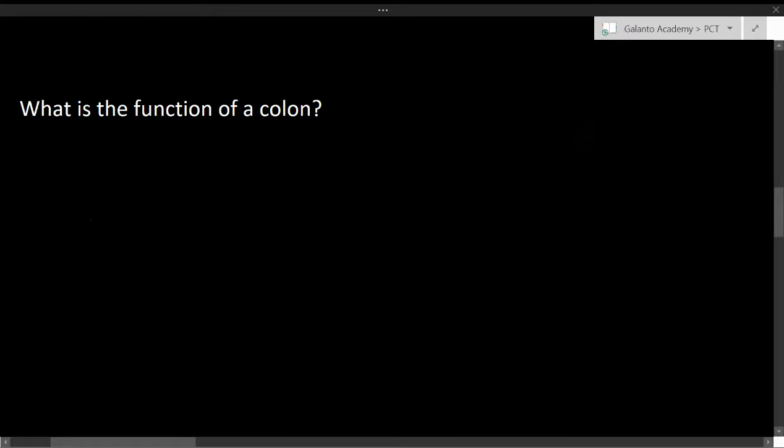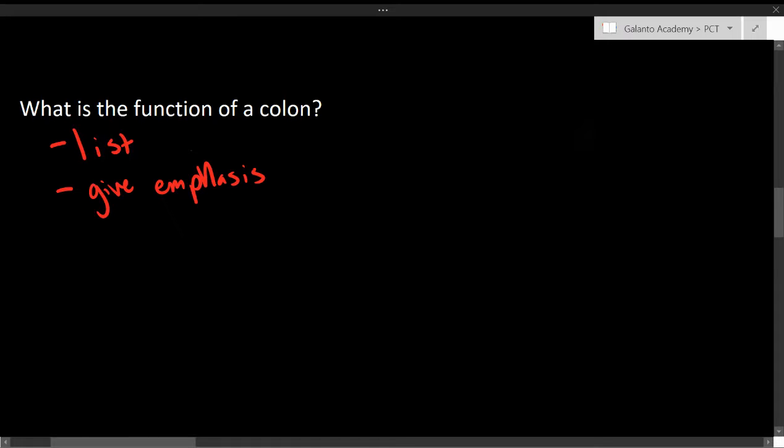So what is the function of a colon? Whenever I ask my students this, the first thing they always say is a list comes after it. So yeah, it can introduce a list or text. It can give emphasis.